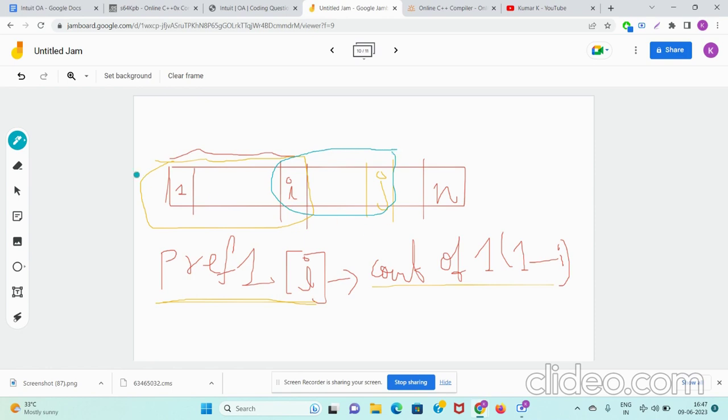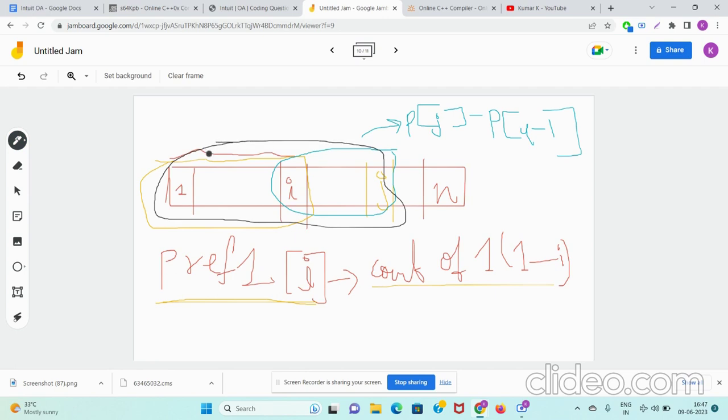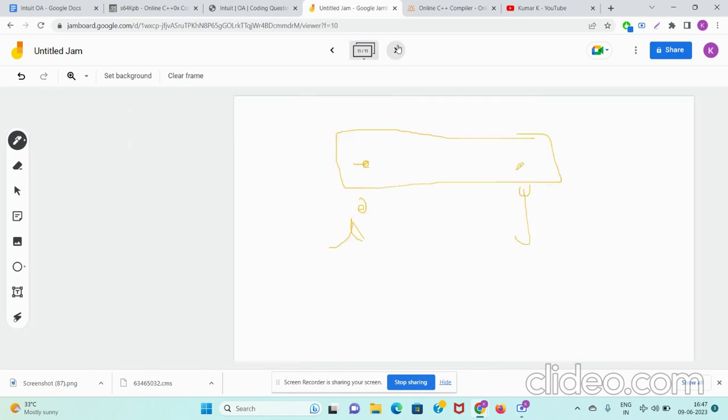So what you can do, guys, it will be nothing but P1 of j minus P1 of I minus 1. So basically the solution is the number of ones from 1 to j minus the number of ones from 1 to I minus 1. If you subtract this much part from this much part, this will be left.